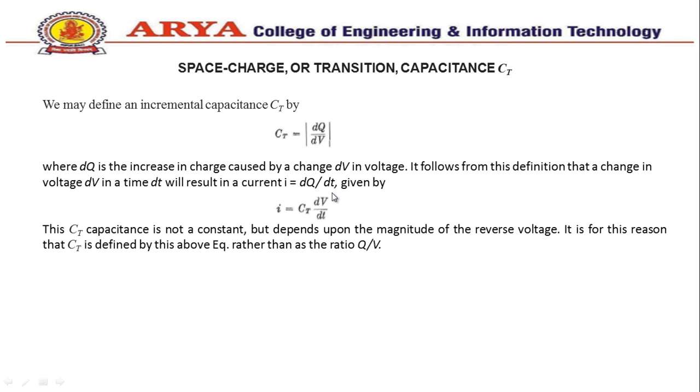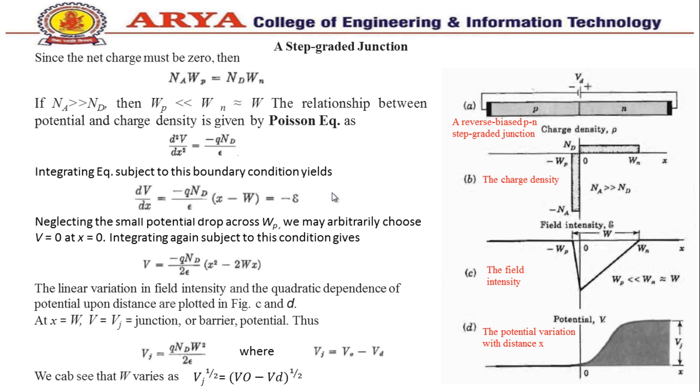To understand the effect of space charge or transition capacitance in a diode, we first cover a step graded junction. Consider a junction in which there is an abrupt change from acceptor ions on one side to donor ions on the other side.